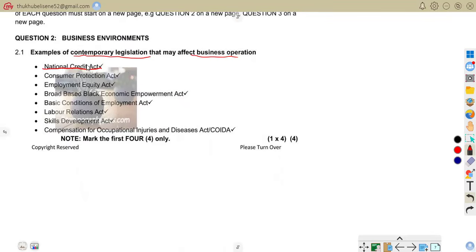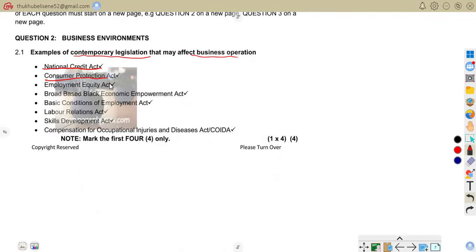Another example of contemporary legislation that may affect business is Consumer Protection Act. It protects consumers from unfair business practices and poor quality services. For example, a customer can return a faulty item within 6 months for a refund or a replacement.